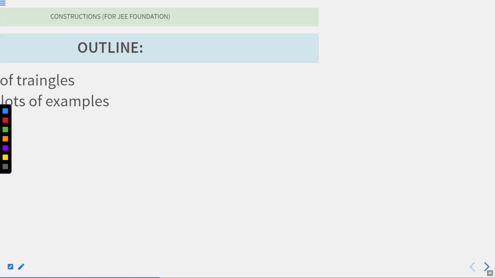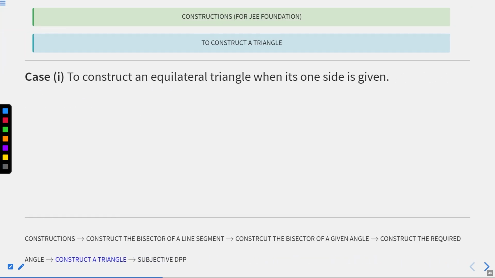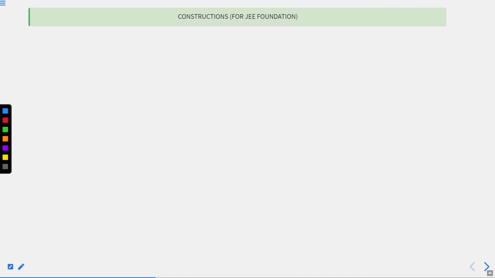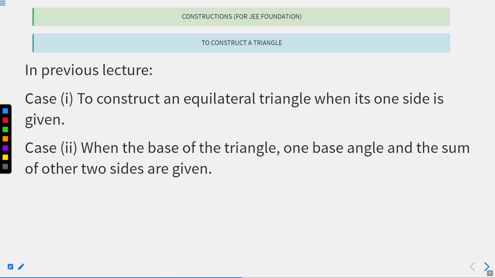Okay, in previous classes, what we had learned in previous lectures, we saw how to construct an equilateral triangle when one side is given.